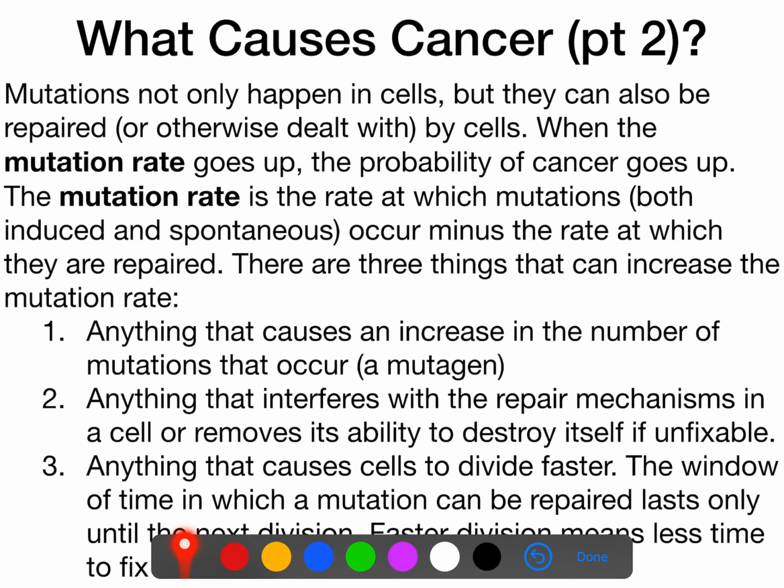If cells get very serious, severe mutations in them, they'll often undergo apoptosis or cell suicide in order to kill themselves off before they become cancerous. So if anything stops a cell from being able to repair itself or kill itself if the damage is too extreme, more mutations are going to go through.